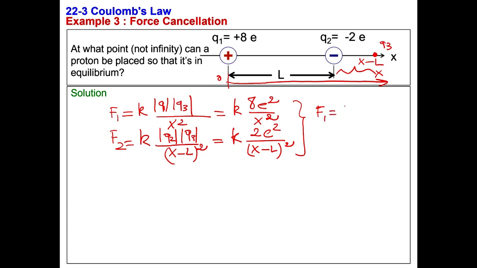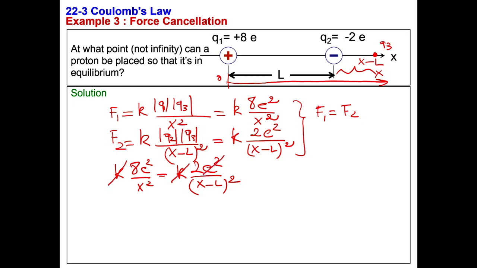The magnitude of F1 is equal to the magnitude of F2. So that means we can write K times 8E squared divided by X squared is equal to K times 2E squared divided by X minus L squared. Okay, so we can simplify this. The K's will cancel.